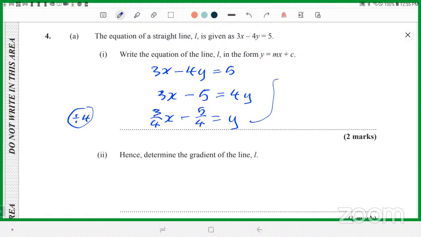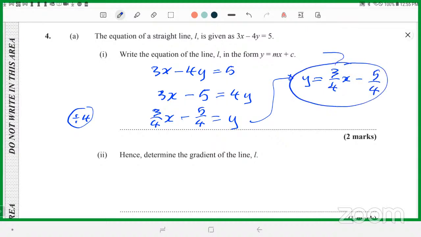So I can say that y is equal to 3 over 4x minus 5 over 4, which means that it is now in this form. It means that this is our gradient m, and our y-axis intercept is negative 5 over 4, the c. All right, that is it. So this is my answer right here.